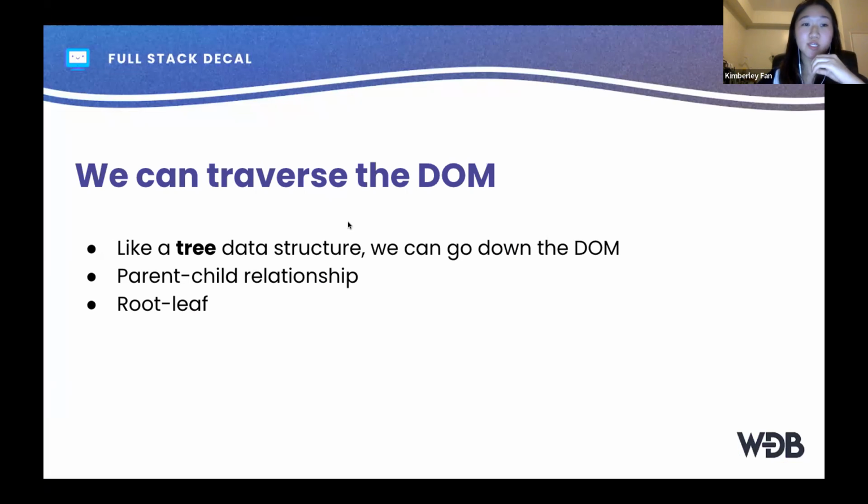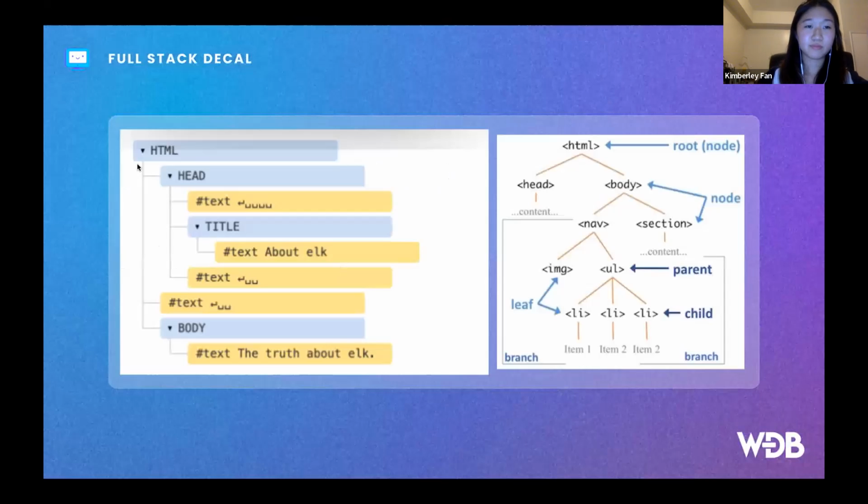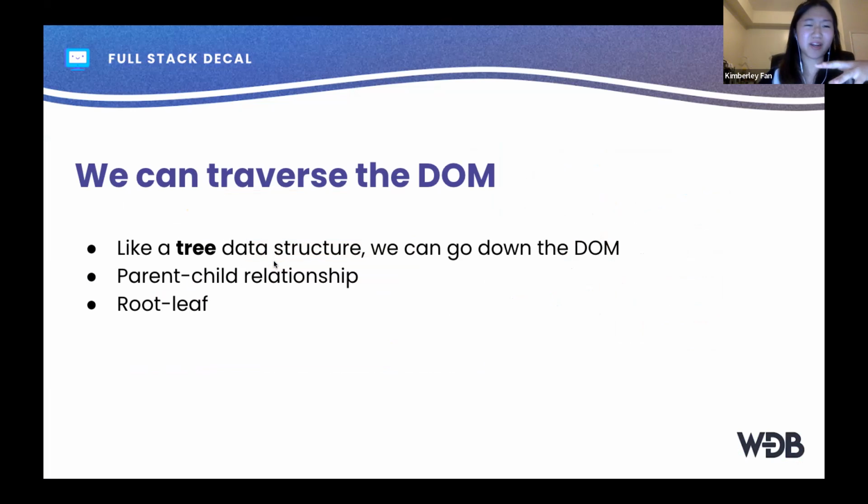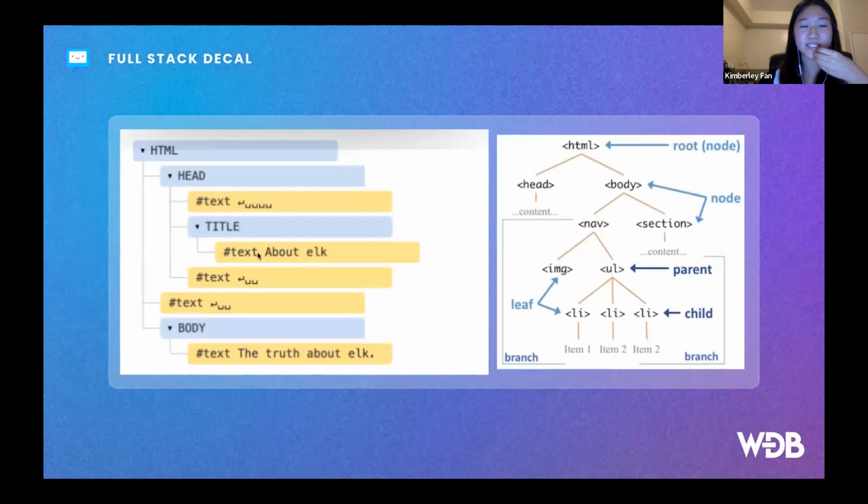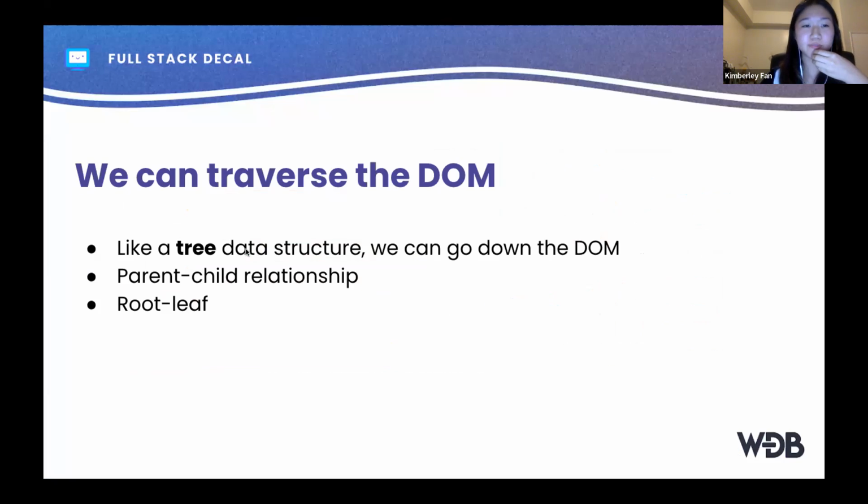So you can traverse through the DOM, just like a tree. You can go down it, and it has a parent-child relationship, and there's a root. At the very top, we have the HTML, the head, and it can have a leaf, or I guess the equivalent to a leaf would be the very last bottom child.